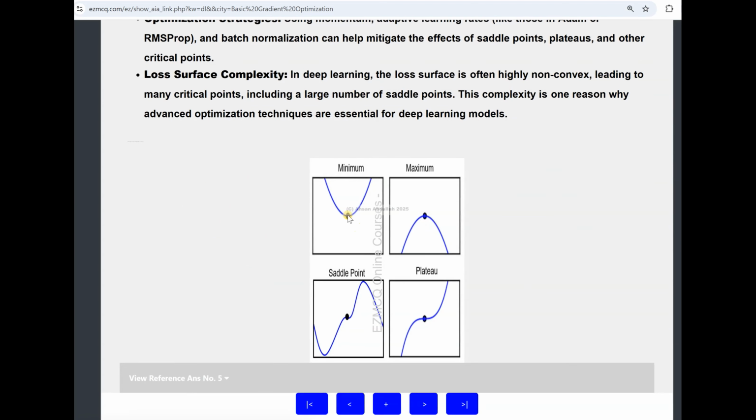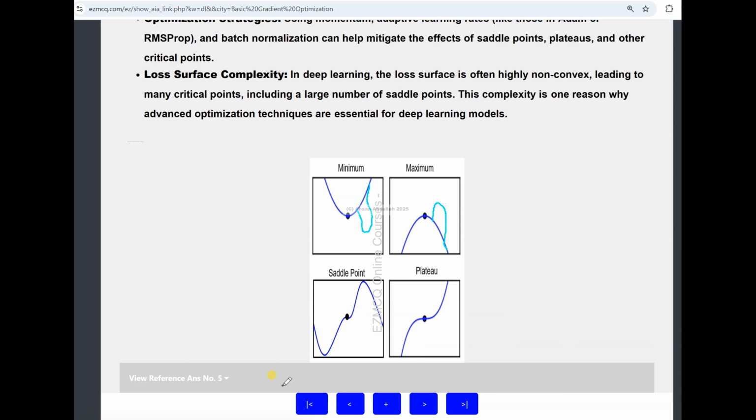So this is the minimum, right? This is the maximum. And if we were to say the global minima or the local minima, if we had something like this, then this is the local minima, this is the global minima. Or if we had something like this, then this is the global maxima, and this is the local maxima.